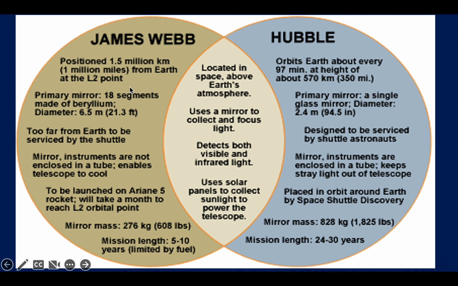It had to be sent away so far. So it almost spent a month to travel from the Earth to this point, which is called the L2 point, the Lagrange point 2. The mirror, like I told you, is made up of 18 segments, right, with a diameter of 6.5 meters. And since it is being sent at such a large distance away, it is impossible for us to service this telescope.